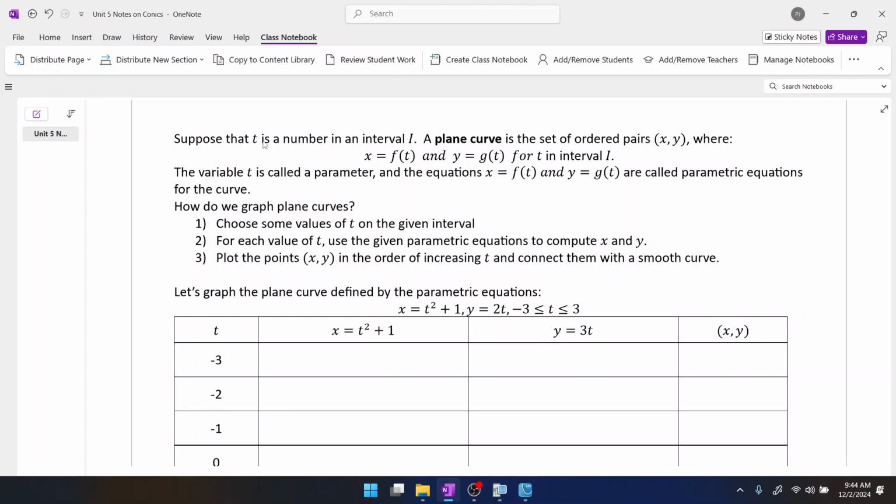Now, we're going to be able to ultimately also eliminate parameters, but we call it parametric because they're given in forms of x and y.